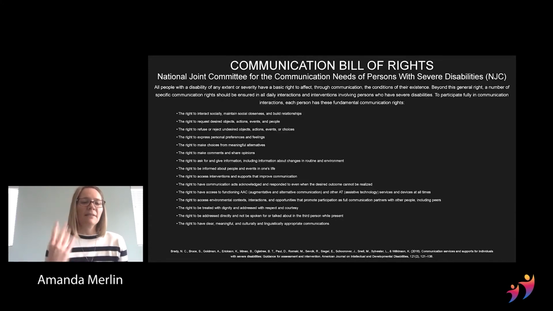PECS doesn't cover any or most of these. It doesn't check most of the boxes on the Communication Bill of Rights. PECS doesn't allow a kiddo to express their feelings. It doesn't allow them to say no. So we have to give communication systems that cover and are teaching all of these aspects of communication.